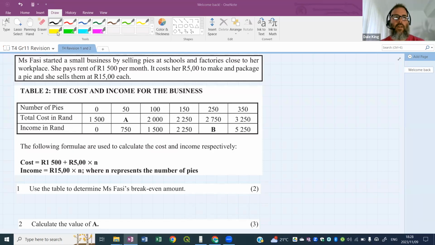Firstly, she pays rent of 1,500 per month, and it costs her 5 Rand per pie to make. That's obviously the expenses. Now, I want to ask you, the 1,500 Rand per month for rent, is that a fixed or a variable expense?